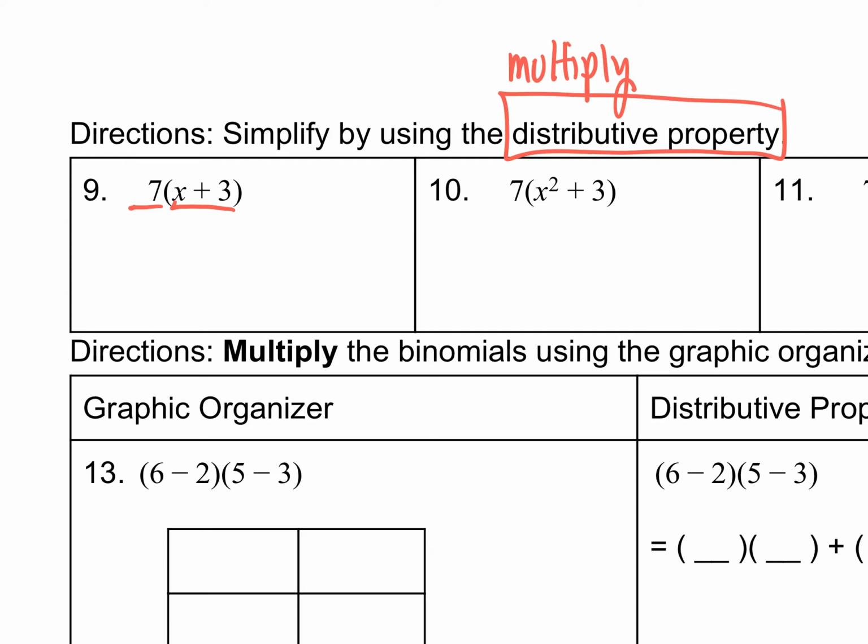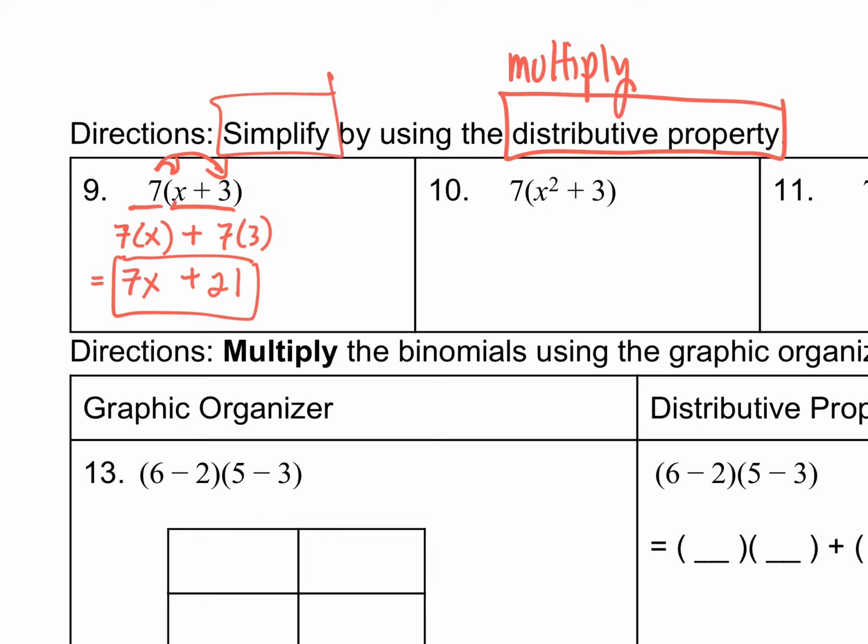So when I multiply here, I'm going to distribute our 7 to x and 3. I have 7 times x plus 3. So that means I'm going to have 7 times x plus 7 times 3, which will give me 7x plus 21.